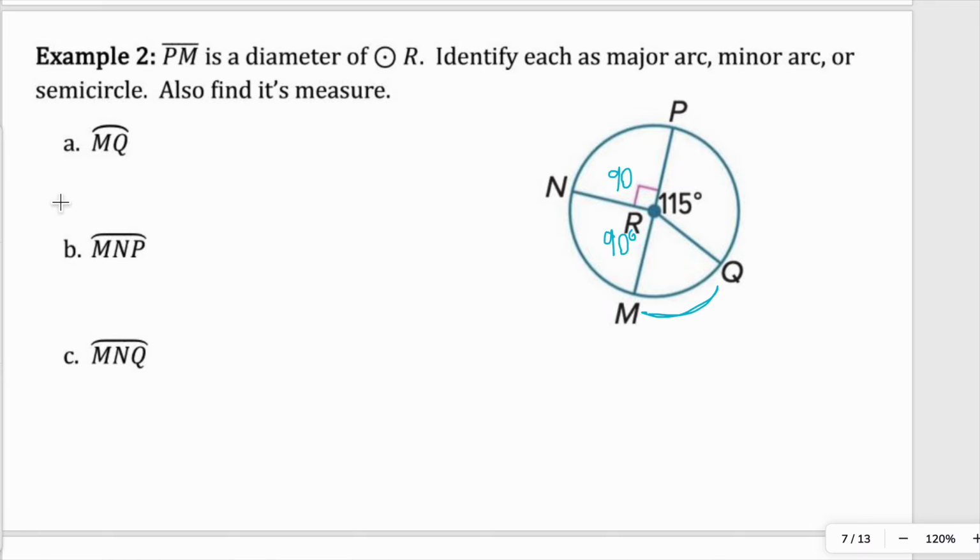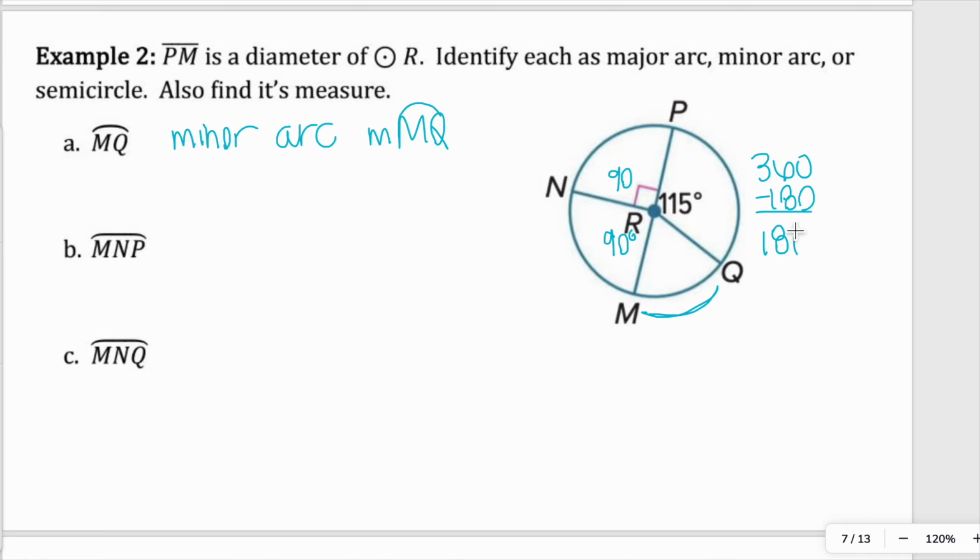So first of all, we're going to consider this as a minor arc. And you can write m and then capital MQ with the arc symbol over it to represent the minor arc. And then to find these, I just took 360, subtracted 180.